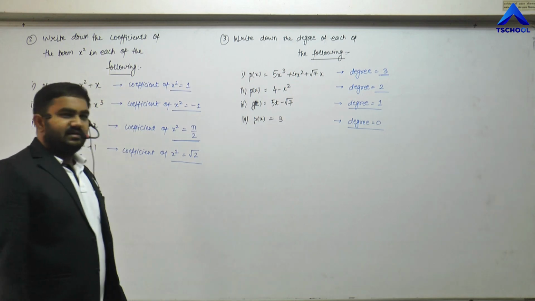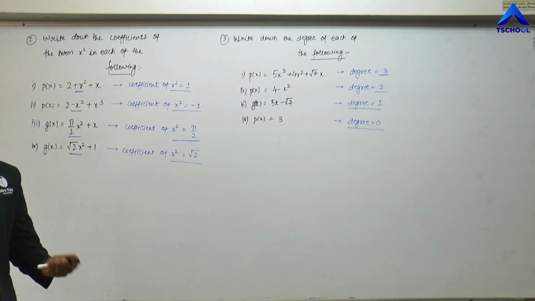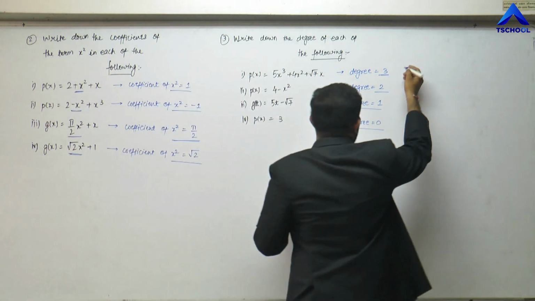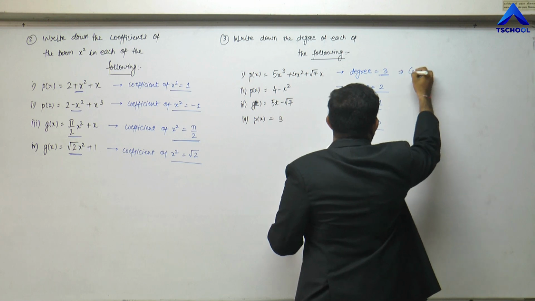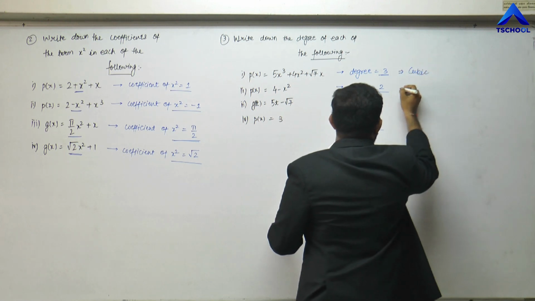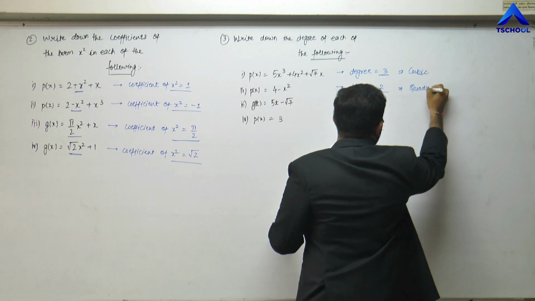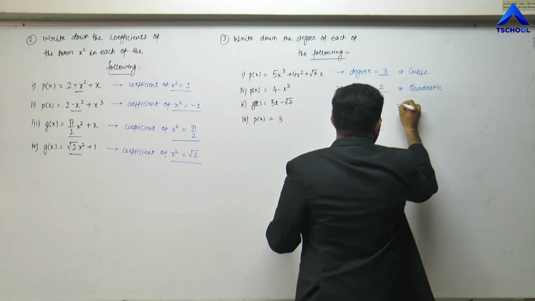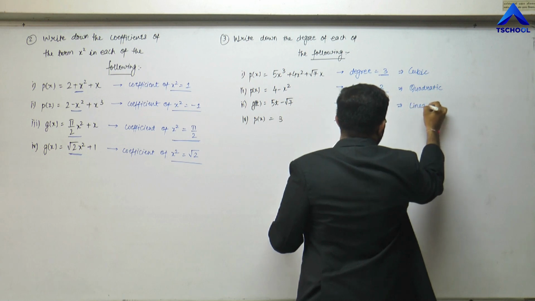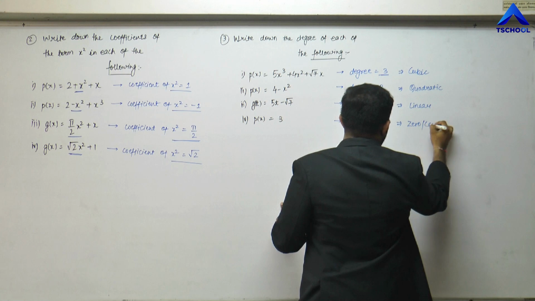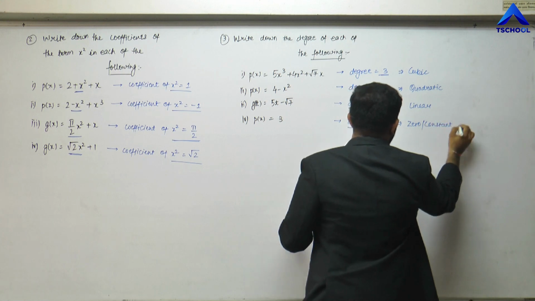Let us quickly note what these polynomials are classified as based on the degree. If it is a polynomial of degree 3, then that is known as a cubic polynomial. Then the second one is a quadratic polynomial. The third one is a linear polynomial, and the fourth one is a zero or a constant polynomial.